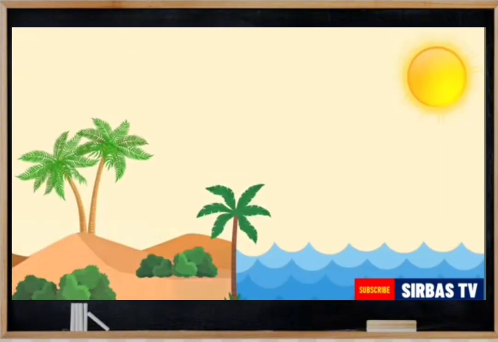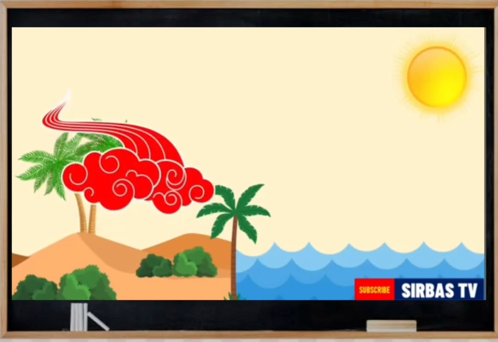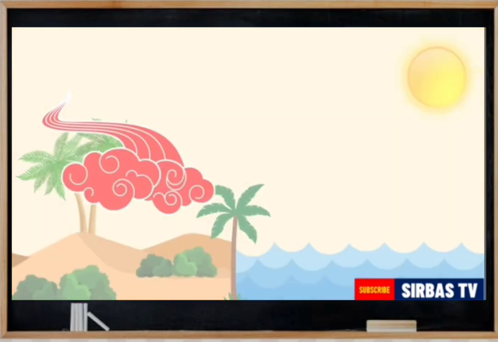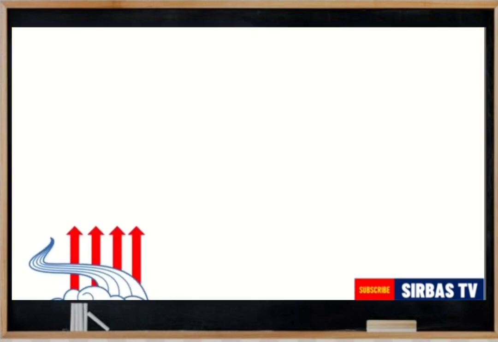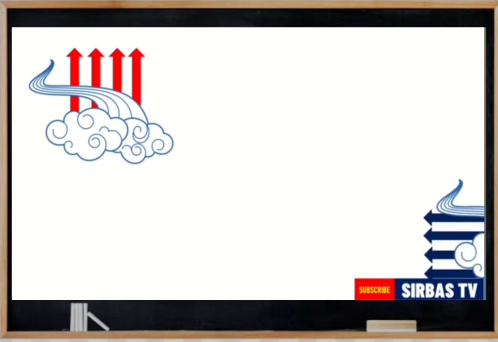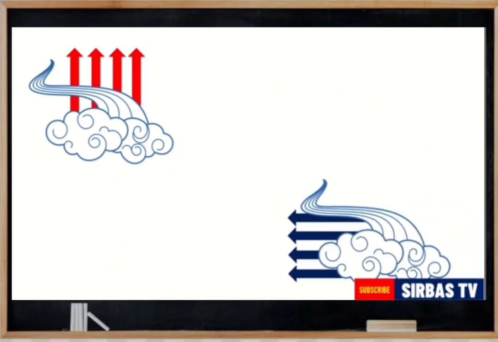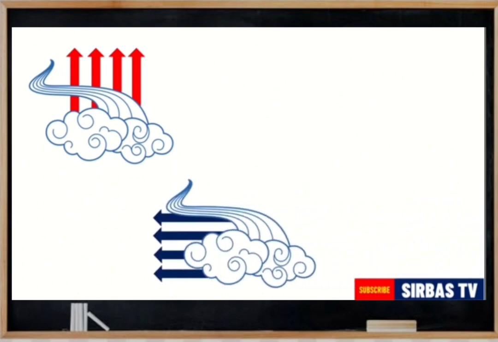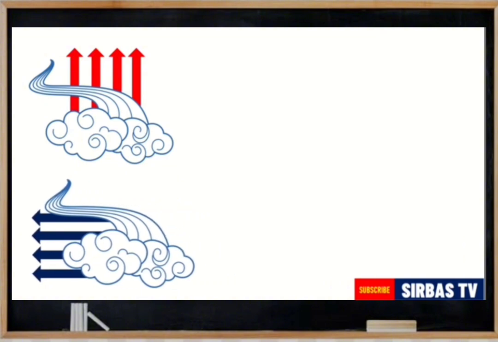During the daytime, the land warms up faster than the bodies of water. The air above the land gets warmer too. As we discussed earlier, when air gets warm, it rises. Then, the surrounding air, which has a cooler temperature, will move toward the warm air and replace it.